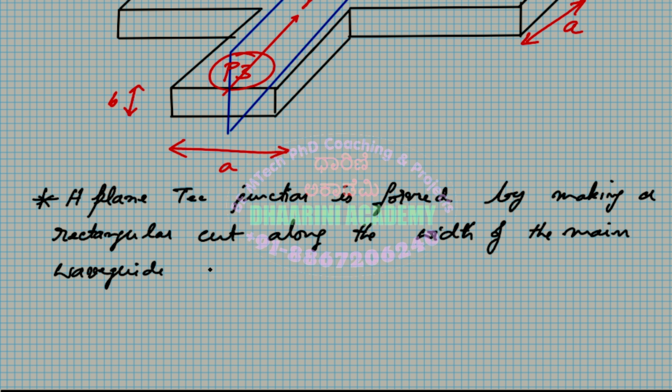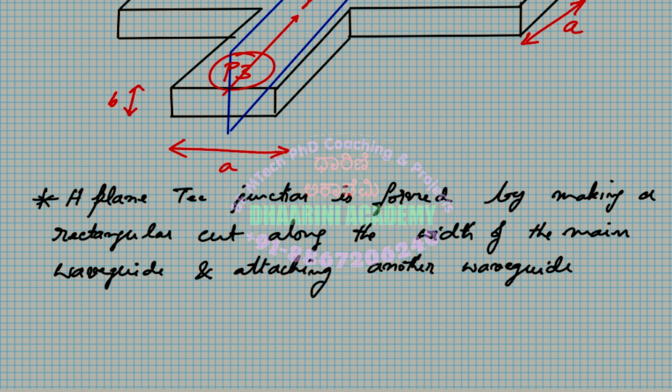And attaching another waveguide. So the other waveguide is port 3. Port 1 and port 2 were the main waveguide. We had a rectangular slot at the middle, and we attached another waveguide, containing port number 3, to that location.